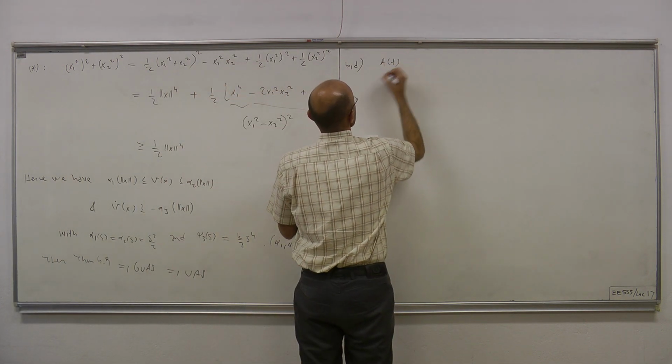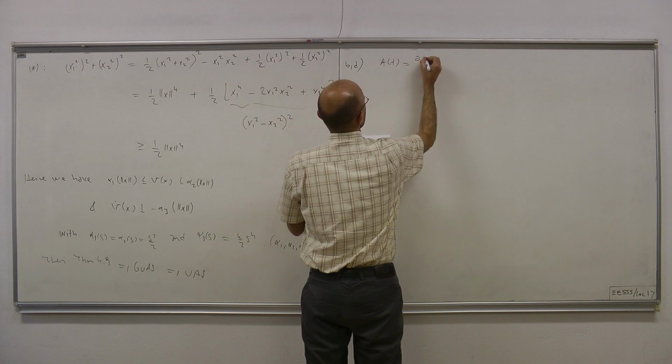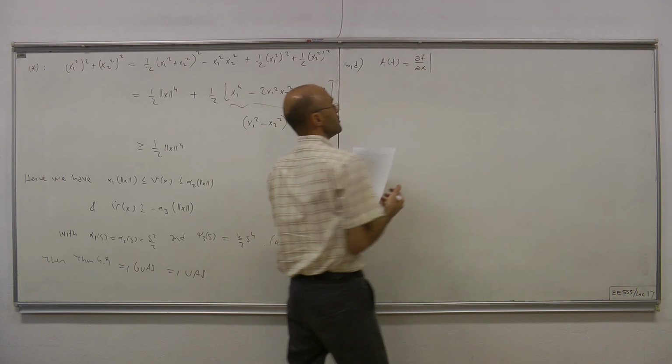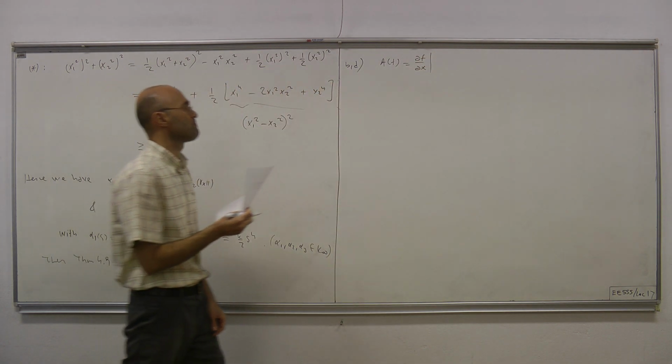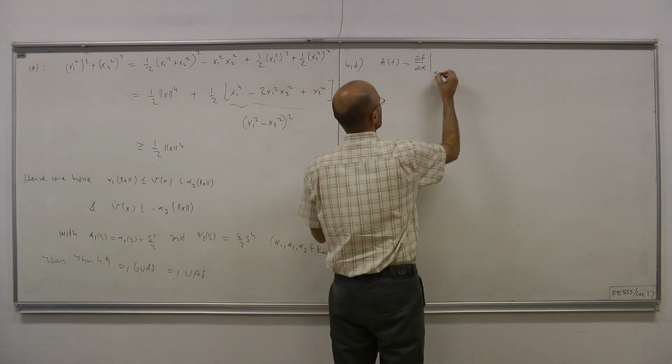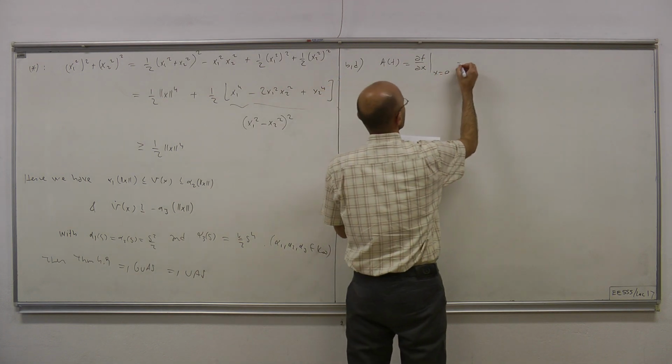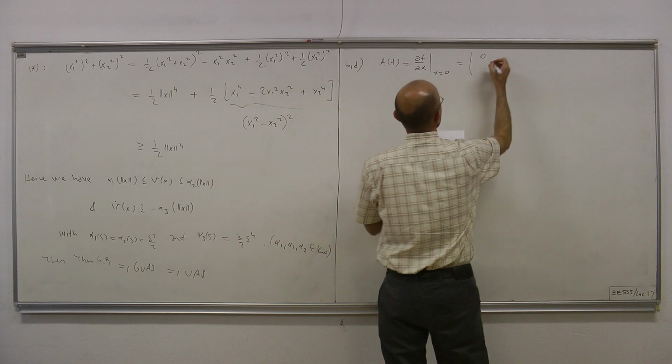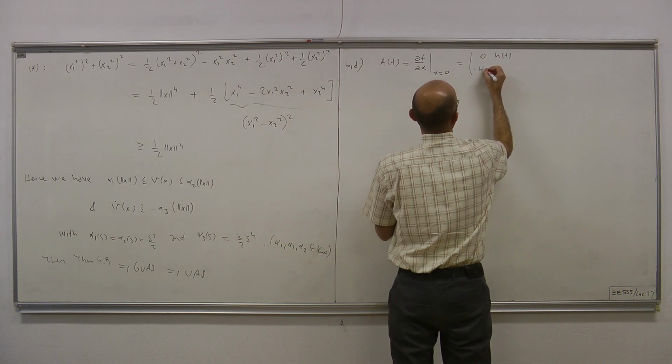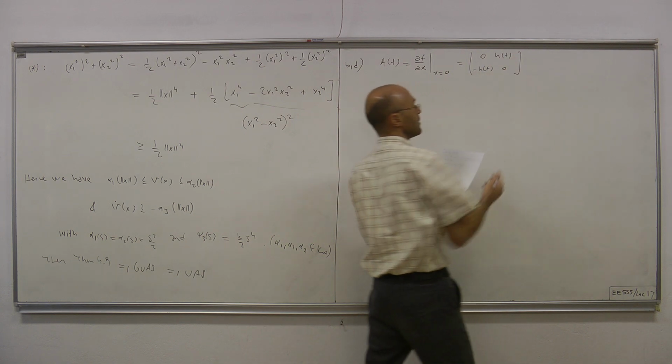Now, A of t, the Jacobian of f evaluated at the equilibrium point 0, is 0, h of t, minus h of t, 0.